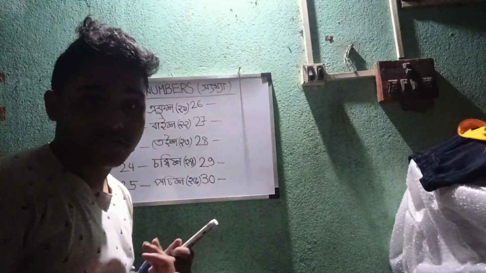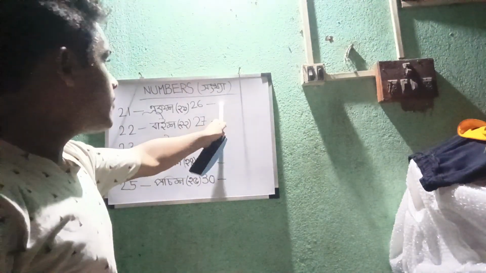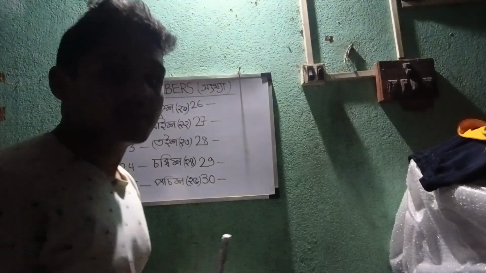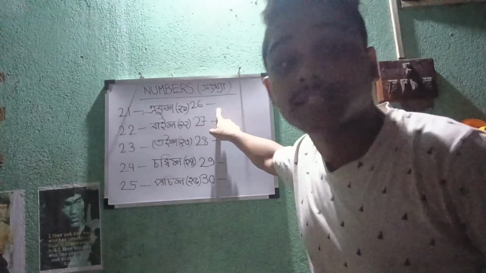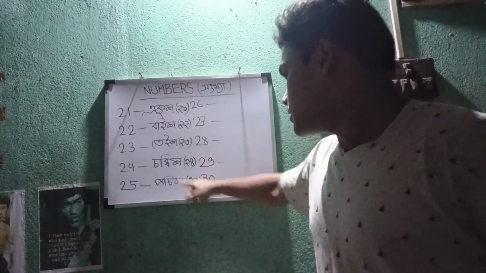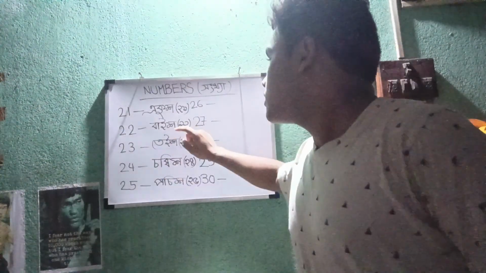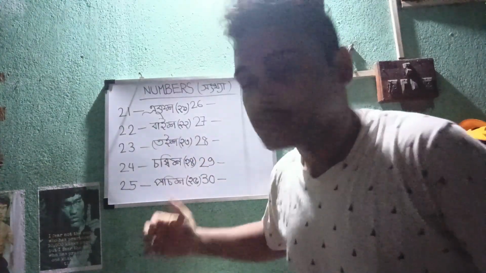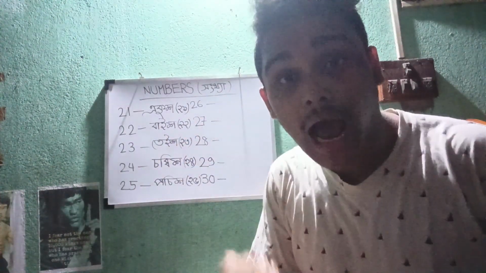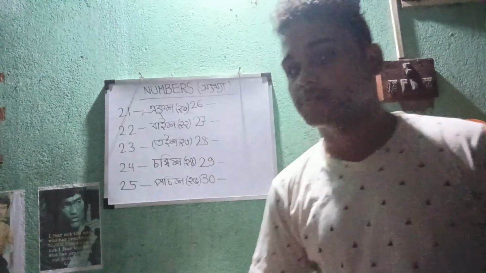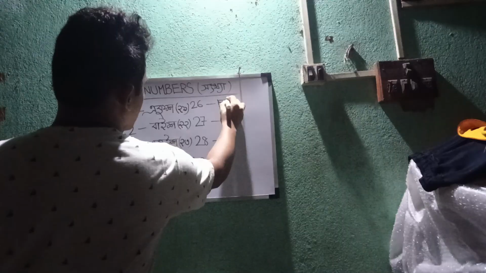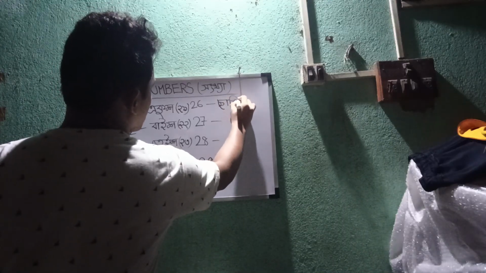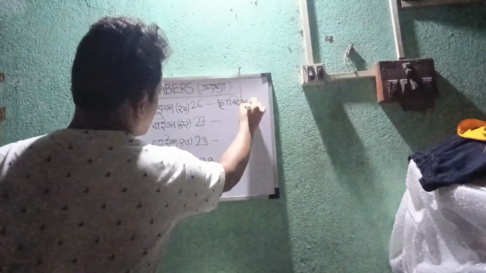After 25, we have 26. 26 means chabbish.